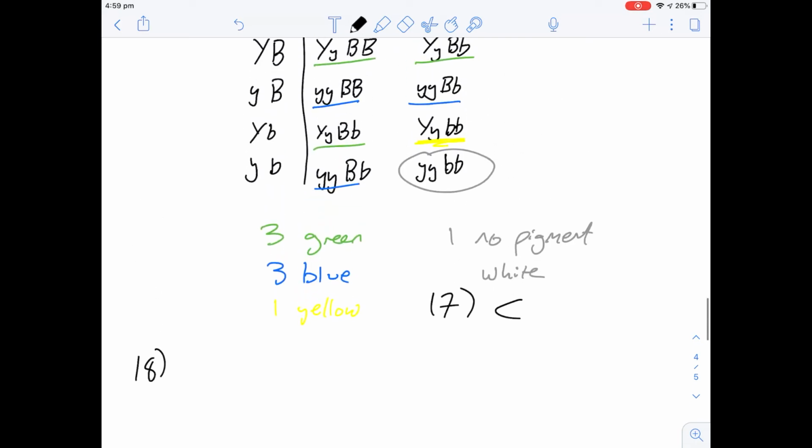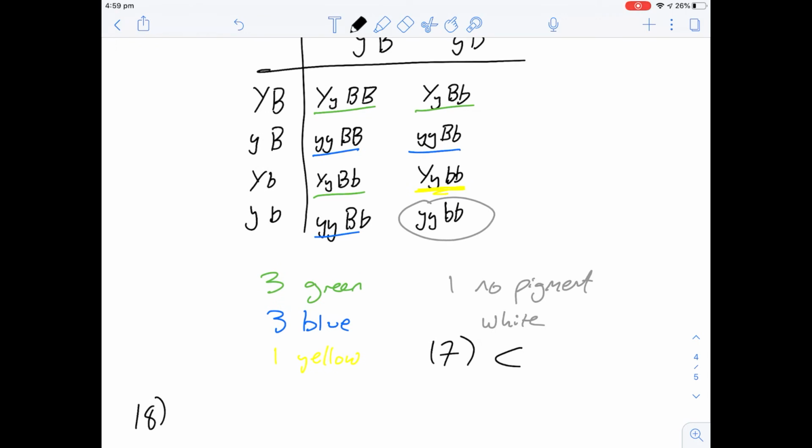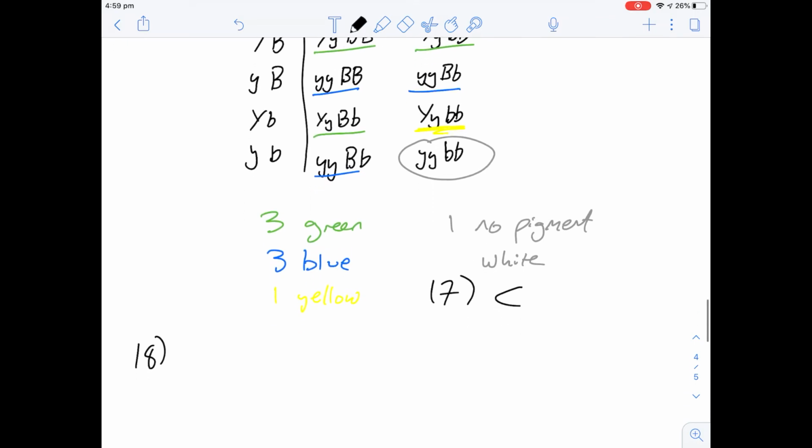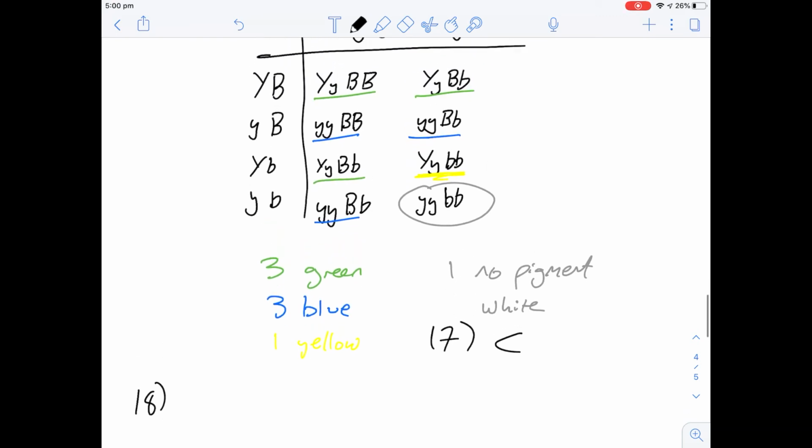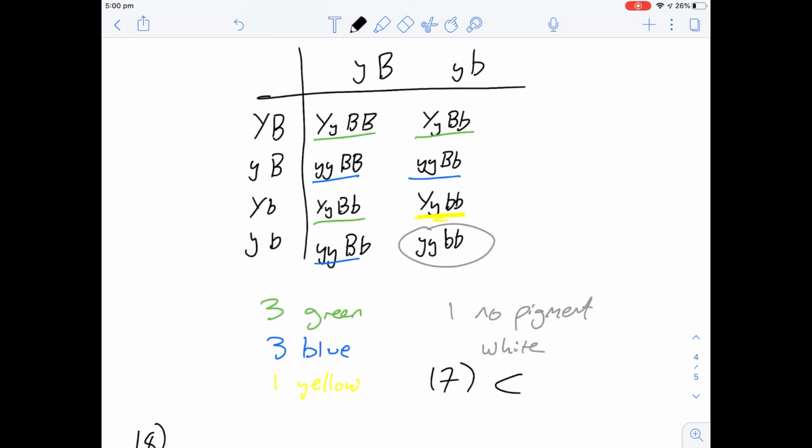But if we look up here, we can see that there's more than one way to have the same phenotype. So there's 3 different options to have green feathers, for an example. So that's not necessarily going to be true. And then D says the offspring could both have the same phenotype and genotype as one parent. And that's going to be the answer here, because as you can see, there's a number of different combinations you can have here. And they could have the same genotype.